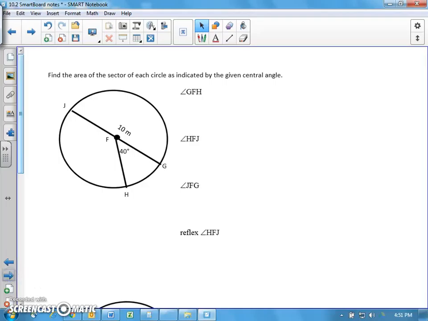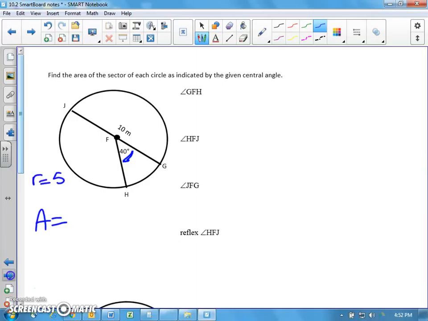Find the area of the sector as described by the given central angle. So this first one says angle GFH. So if I look for that angle, that is this angle right here. So if I want the area of that sector, I need to start with the area of the whole circle. Since they give me a diameter, I need to realize that my radius is going to be 5 meters. So my area would be pi times 5 squared, or 25 pi square meters.